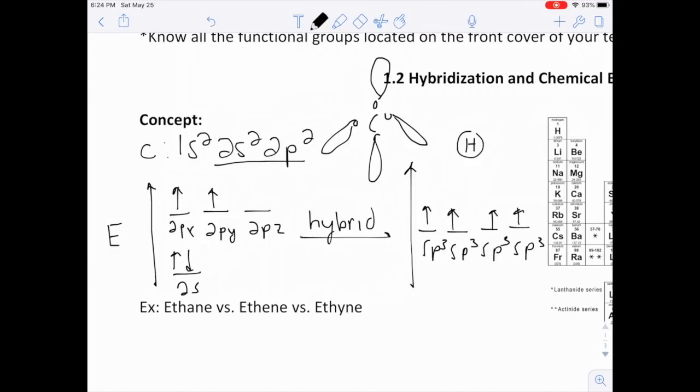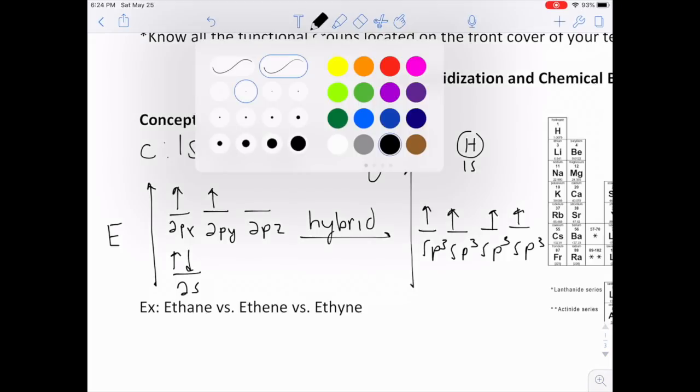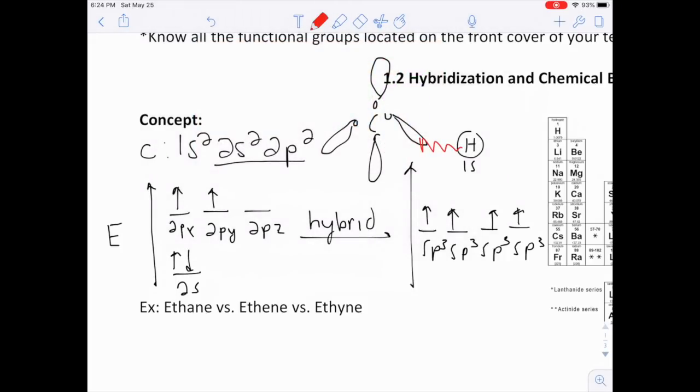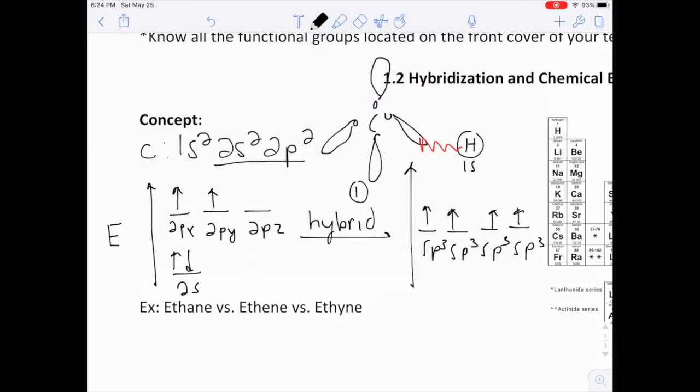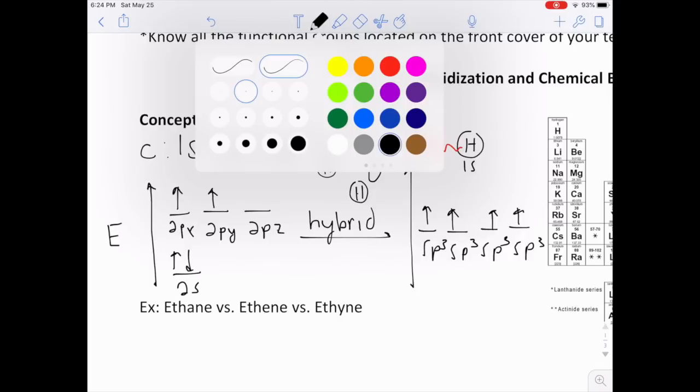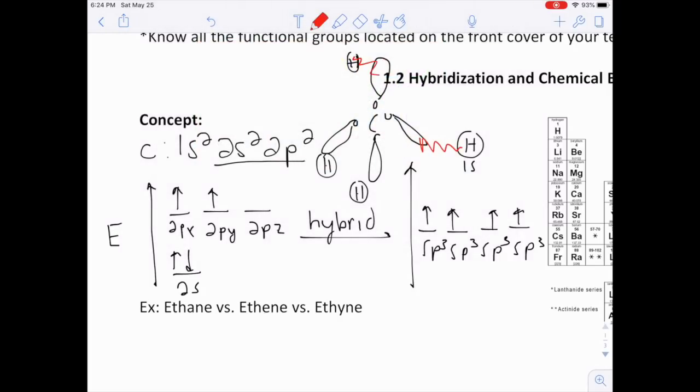So this is the hydrogen 1s orbital, and when they come into contact with each other, that is what's going to form a bond. And you can have these hydrogens come from all different sides. And they don't have to be hydrogens, they can be other atoms like carbons or fluorines or things like that. And it's the bond between the hybrid orbitals and the orbitals of the other atom that are going to form a bond, okay? So that's pretty much the overall concept of hybridization.